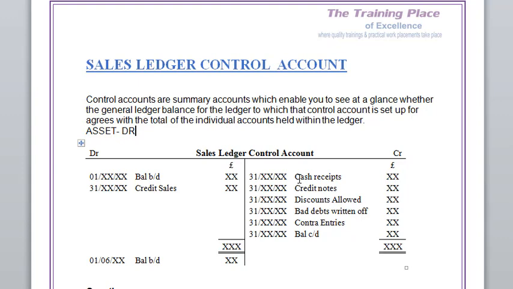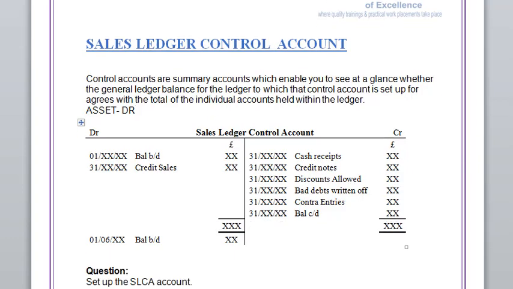Rather than me paying you 60 and you paying me 30, let's knock off the 30 and only £30 will then become payable. So what are we doing with contra entries? In this case, we are reducing the amount of debtors by the agreed amount in the SLCA, and the same thing will apply with the PLCA as well. You'll be reducing the amount in the PLCA account by the agreed contra entry amount.